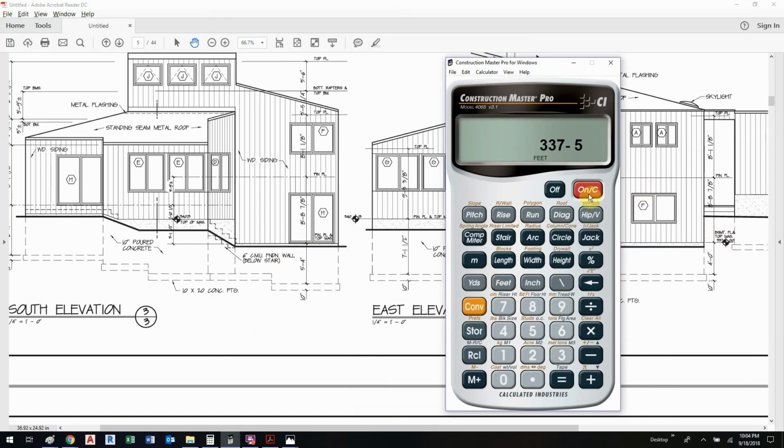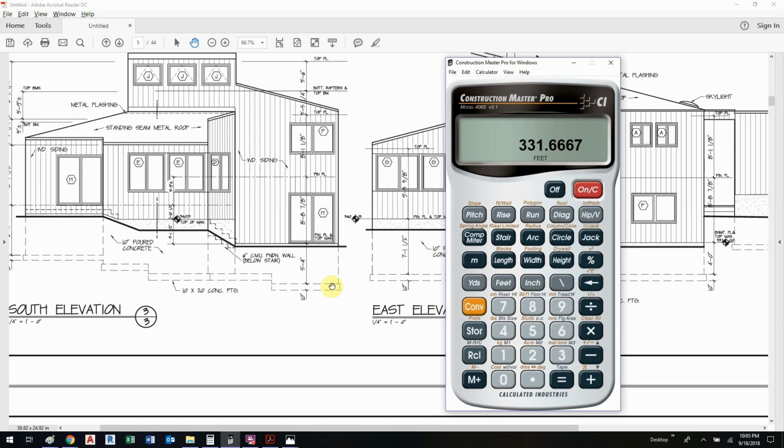Click there. 337 feet. Subtract 5 feet 4 inches. So it's going to be 331 and 8. But what if it's a decimal? Well, that's okay. We'll just hit feet, change it over to a decimal.